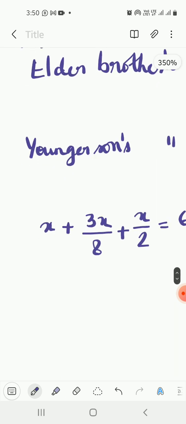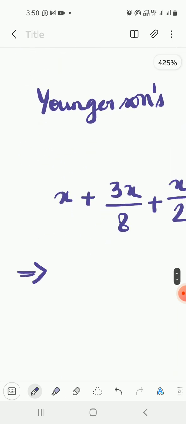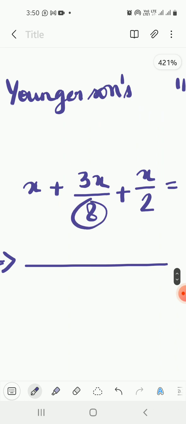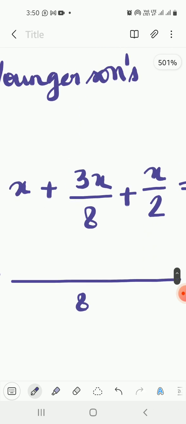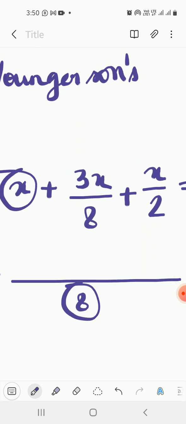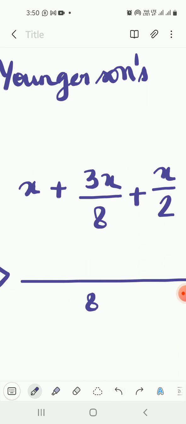Let's solve this. First of all, we have to find the LCM of 8 and 2. LCM of 8 and 2 is 8. So let's write it here: 8 into x, because x means x by 1. So we have to multiply x with 8.